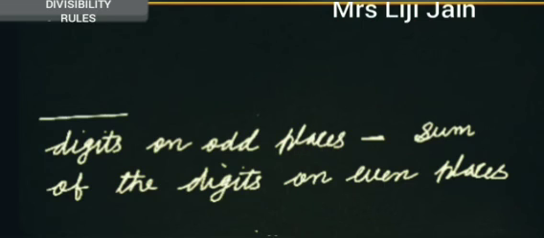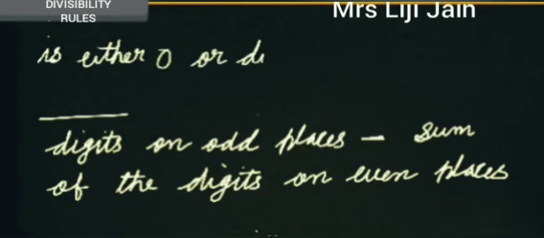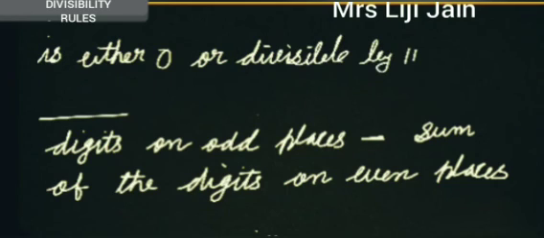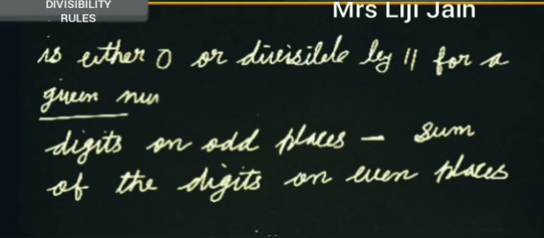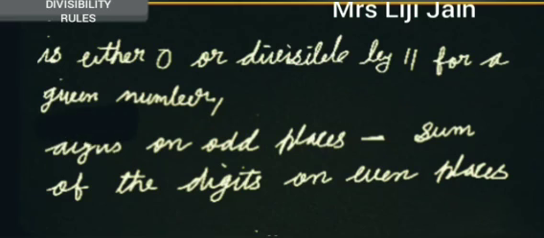Even places is either 0 or divisible by 11, either 0 or divisible by 11 for a given number, we can say that the given number is divisible by 11.